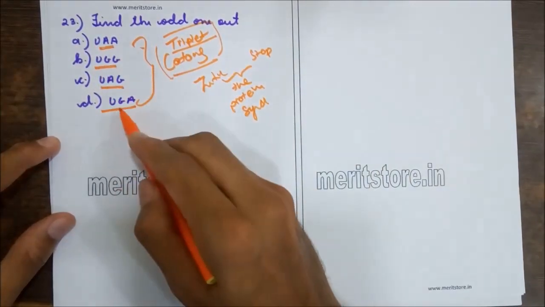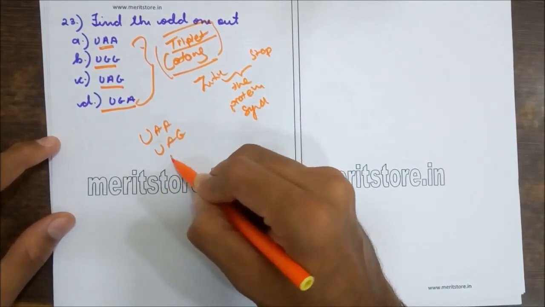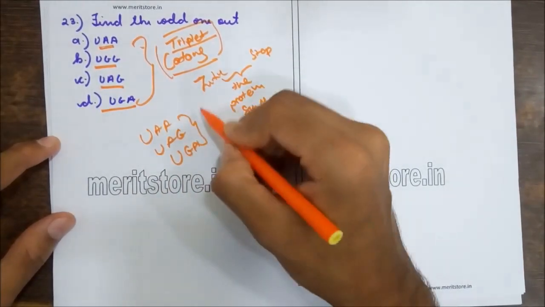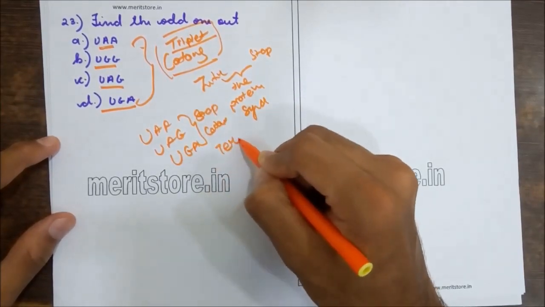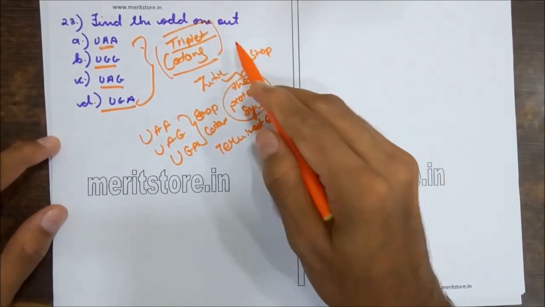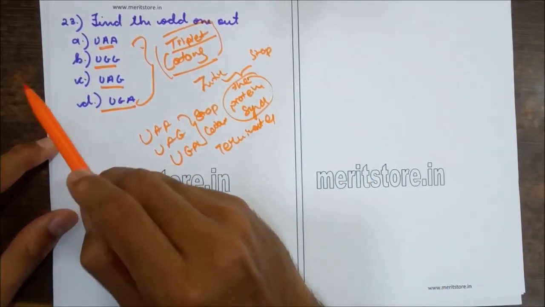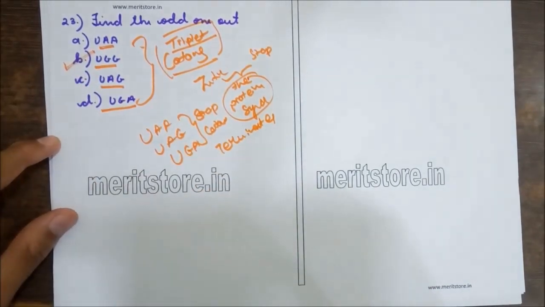Out of these 4 options, UAA, UAG, and UGA are stop codons, which terminate the process of protein synthesis. So the odd one out is option B with UGG.